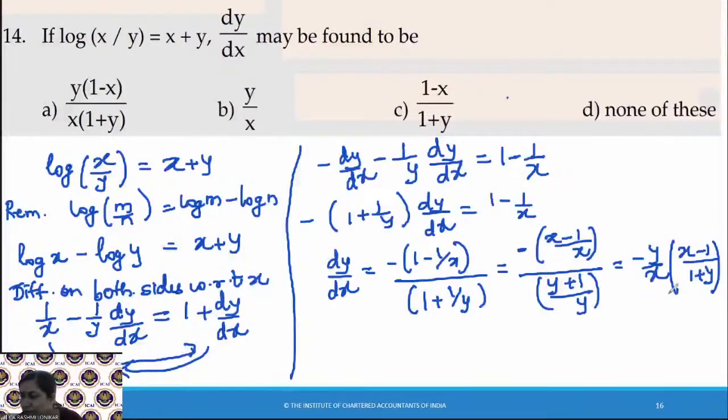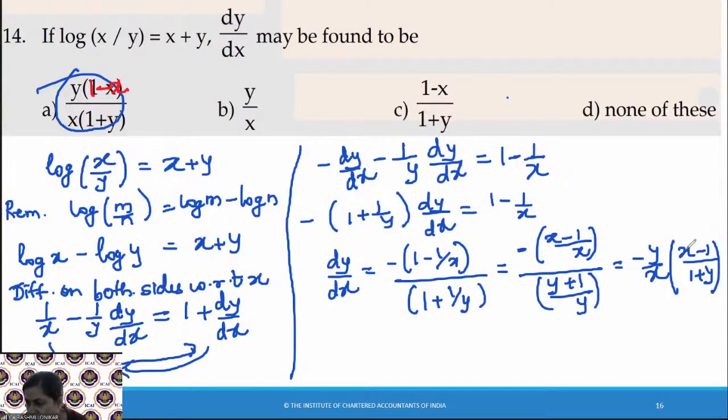Now see, this is very similar to this, but here there is no minus sign. But you can see this is 1 minus x, this is 1 minus x.